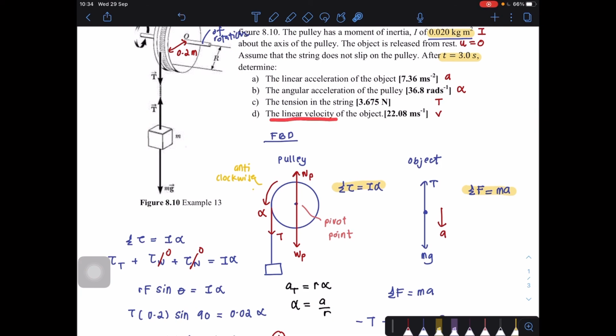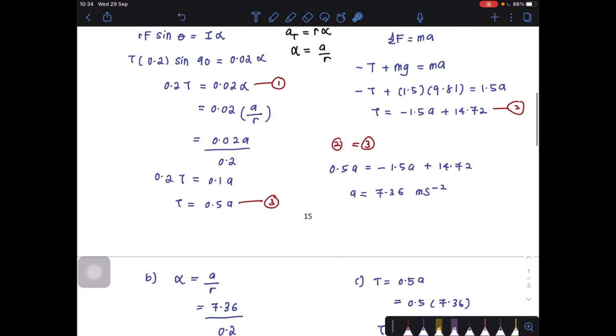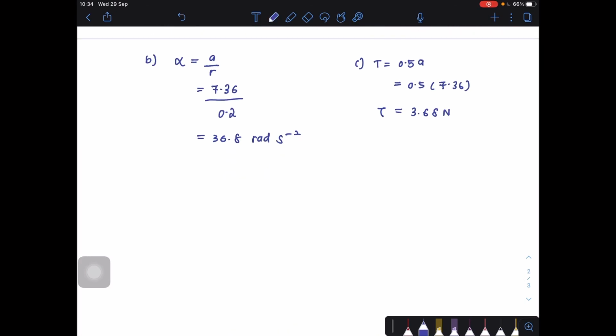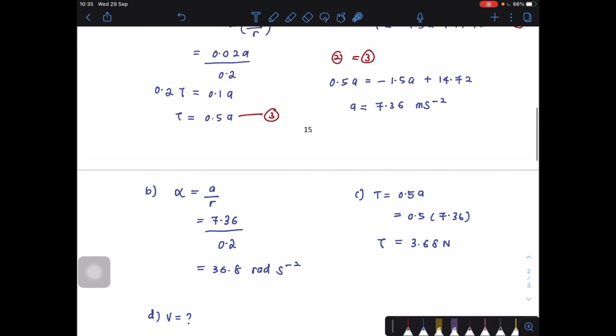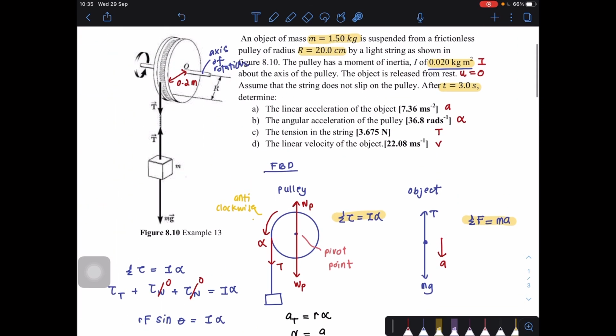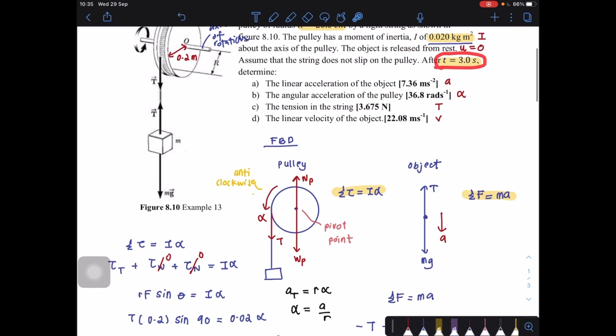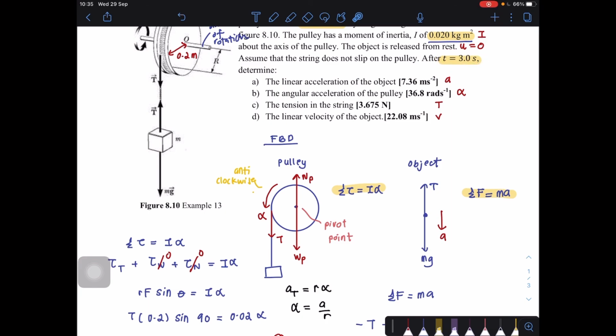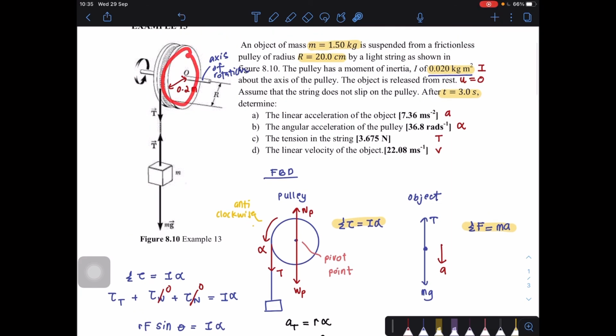Okay, and then last one, find the linear velocity of the object. So we want to find V. Okay, so since kita dibagi condition after 3 second, selepas 3 saat, dia berputar kan. So objek ni akan bergerak ke bawah lah. So kita mahu tahu selepas 3 saat, value of V dia berapa.